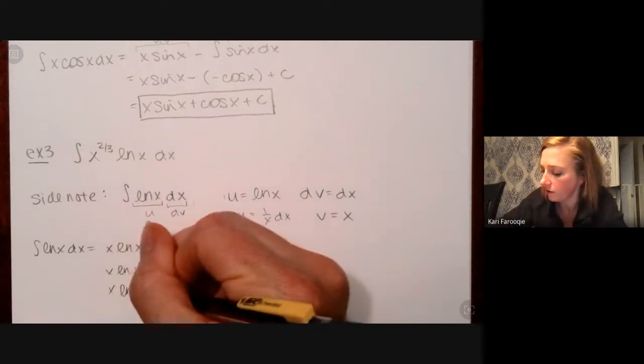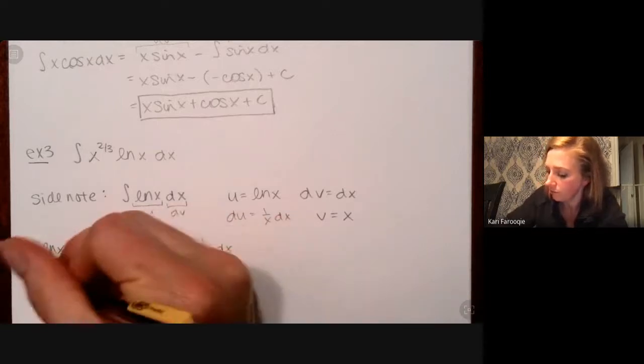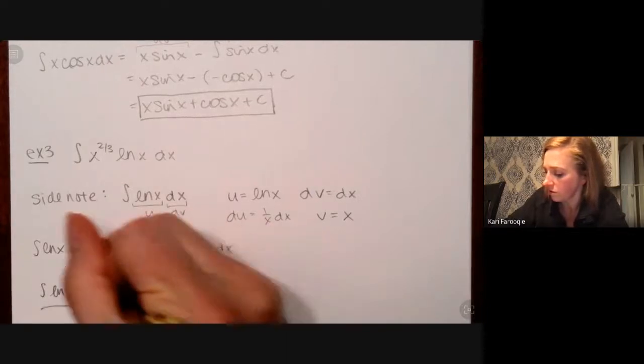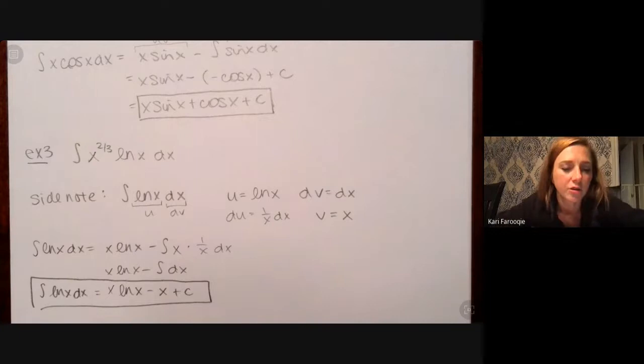So we have x ln x minus x plus c. This might be on a formula sheet somewhere for the integral of the natural log of x dx. It's x ln x minus x plus c. You might use it so often that you remember what it is. But if I gave you just this integral, I would want you to use parts for that.